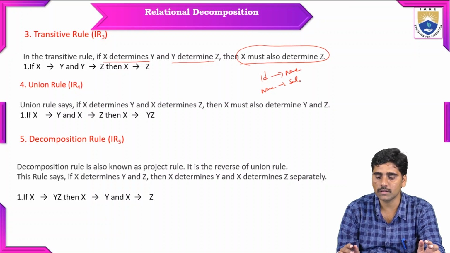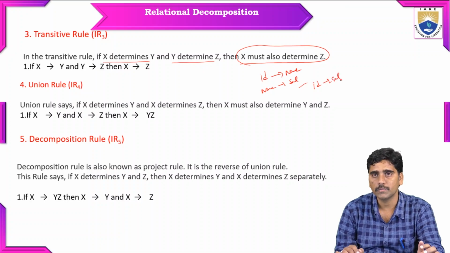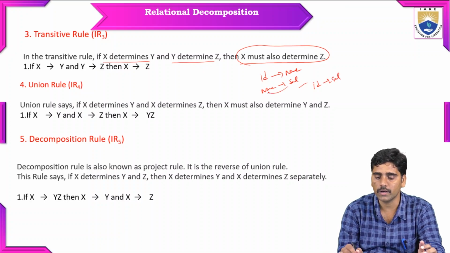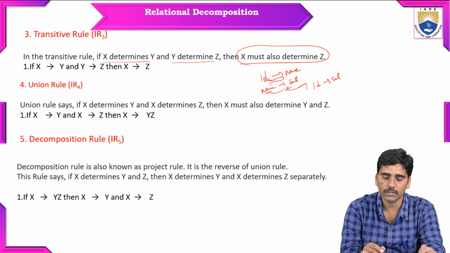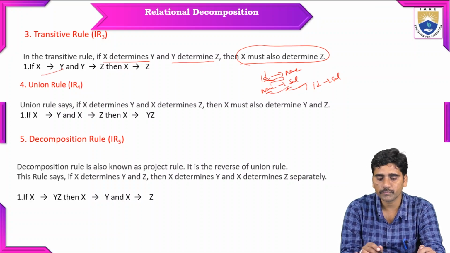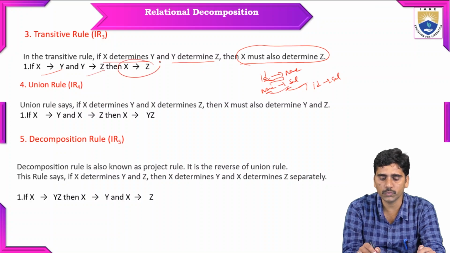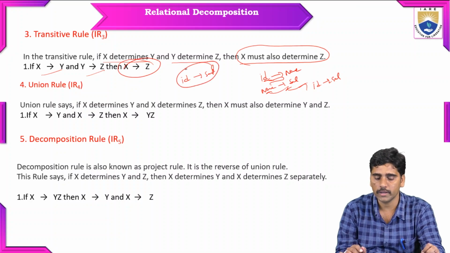Then id must also determine salary, because salary depends on the name of the employee and the name depends on the id. So it is fully functionally dependent. Hence x determines y and y determines z implies x determines z. Finally, salary is depending on id.